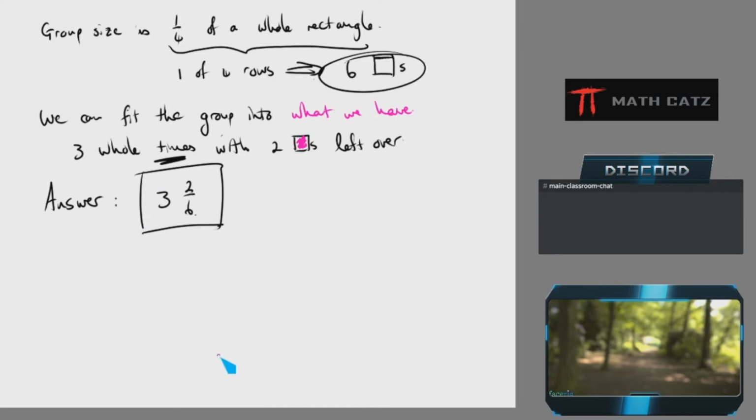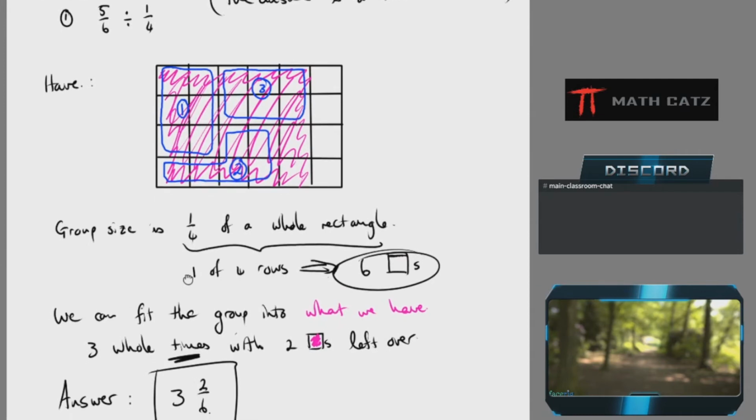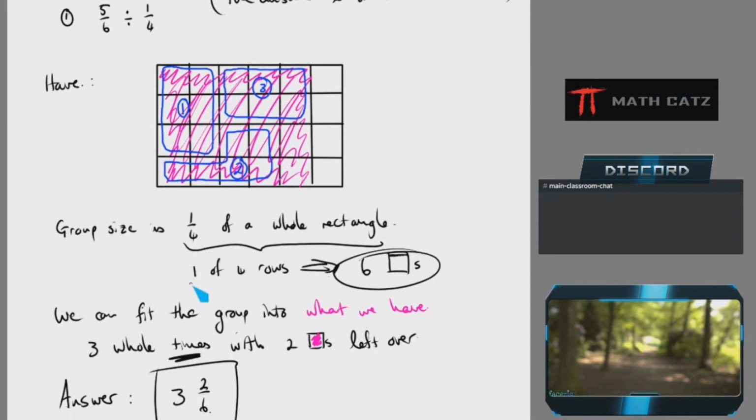I can do what they say. Let's try and zoom out and see the whole thing. I can do what they say I should do, this fitting in procedure, 3 whole times, and then another portion of a time, so to speak. Or you can rephrase it: how many groups of size 6 can fit into what I have? 3 groups completely can fit, and then another 2/6 of a group.